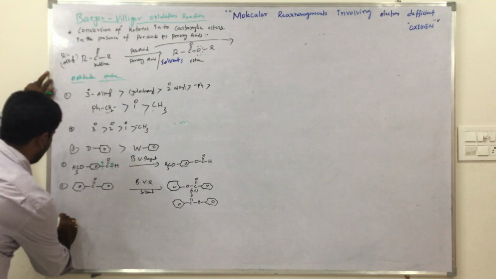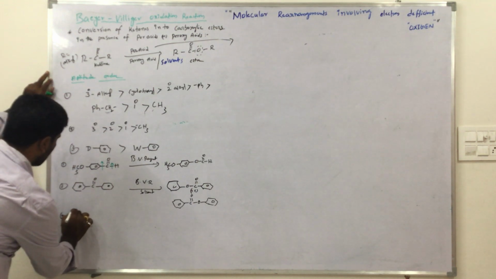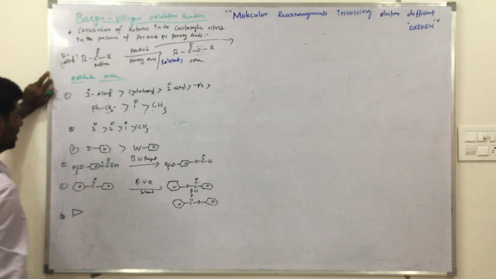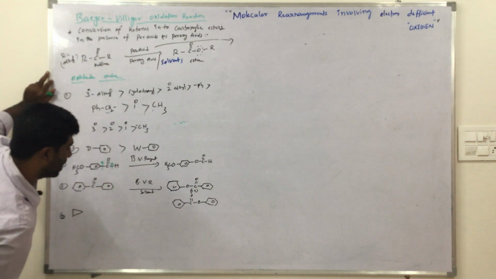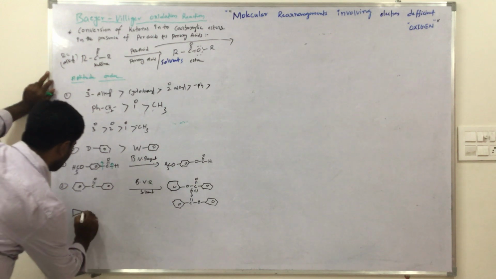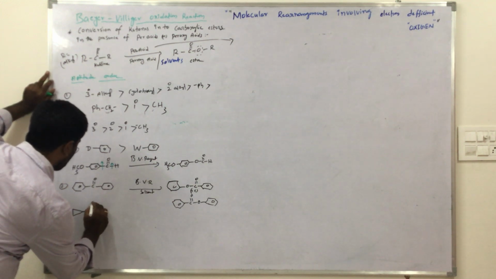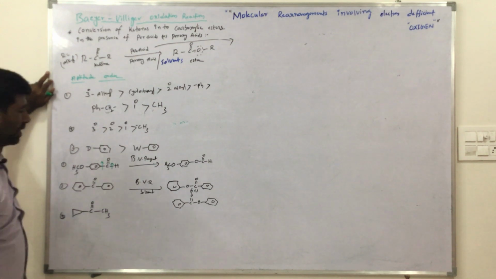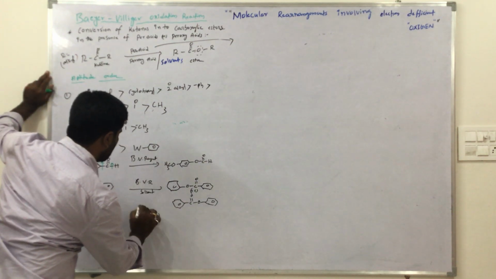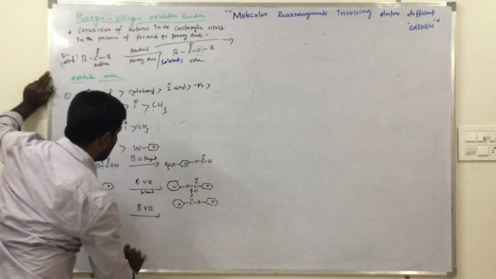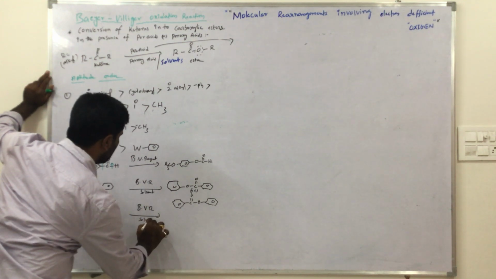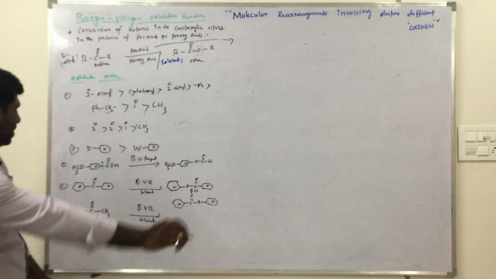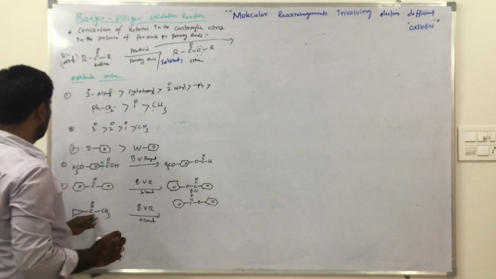Now the third one is, I take one tricyclic compound. Now C double bond O, CH3. Clear? Now this is Baeyer-Villiger reagent and solvent, and the product is here only the methyl group.